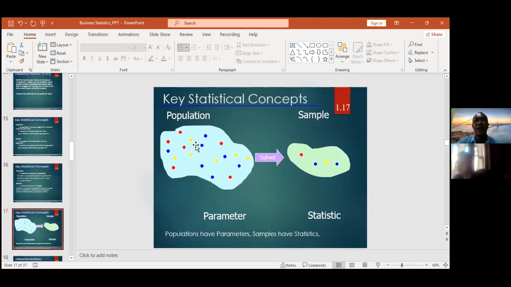So this diagram should enable you to always remember the difference between population and sample. In the previous slide, I told you that population and parameter go together, sample and statistics go together. So you can see parameter is referring to the population, the standard deviation, for example, of the population. While statistics will be referring to the standard deviation or the mean of the sample.